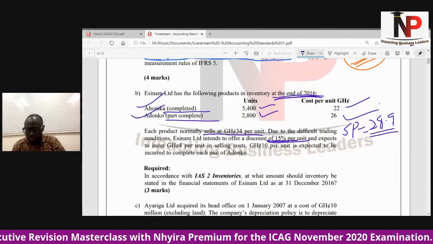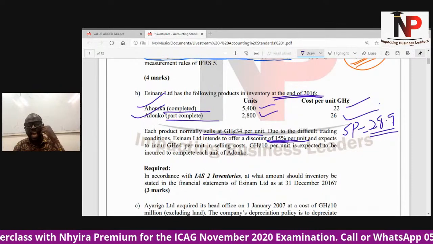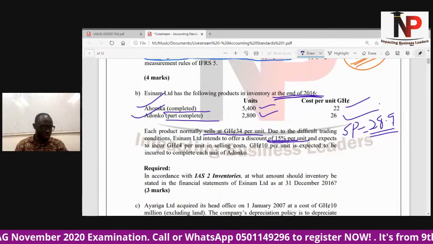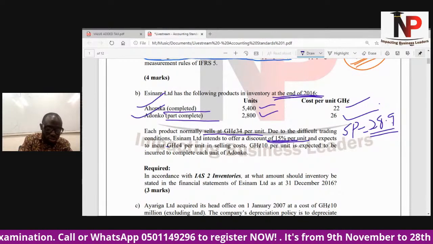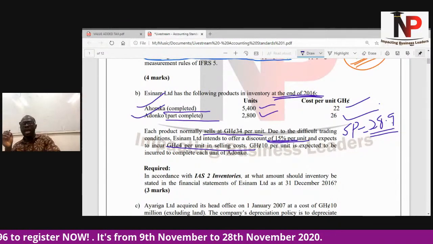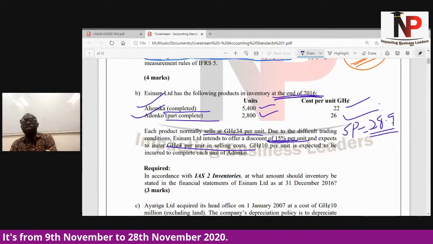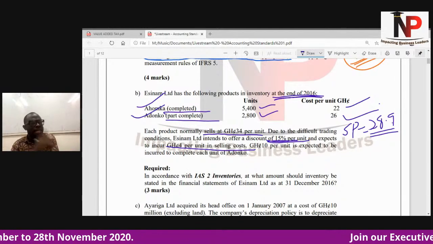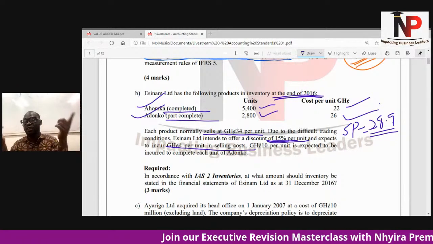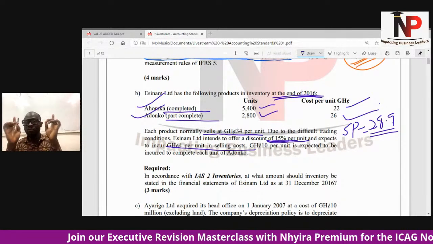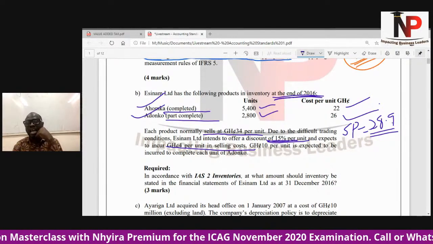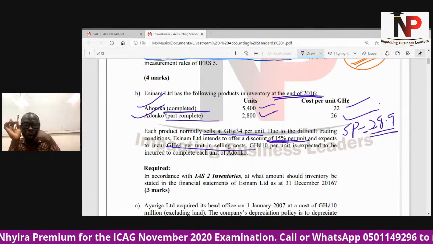But look at it. It expects to incur 4 Ghana cedis per unit in selling cost. So the cost to sell is 4 Ghana cedis. That means that if we want the net realizable value per unit, stay with me carefully, it will be the 28.9 minus the 4.